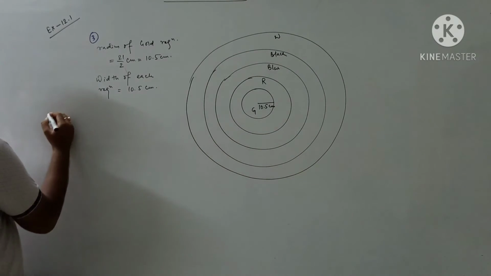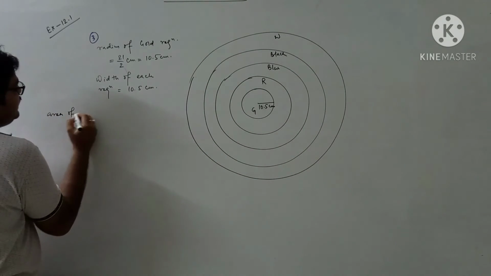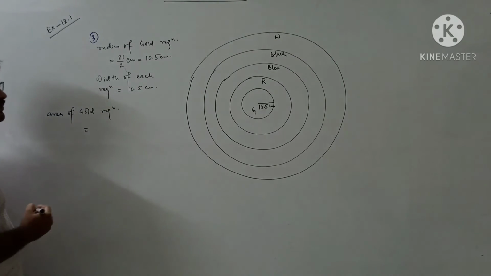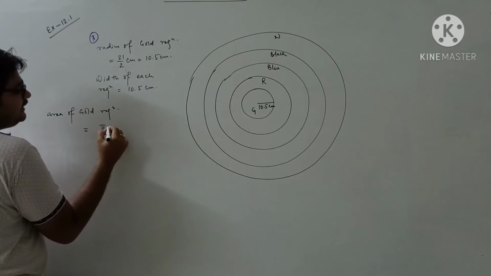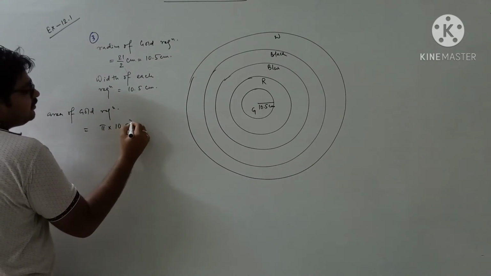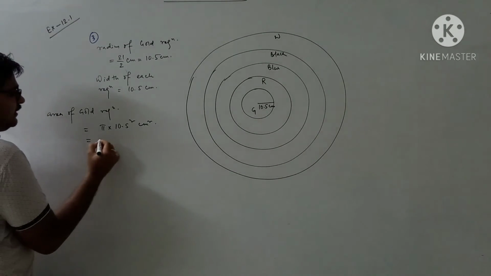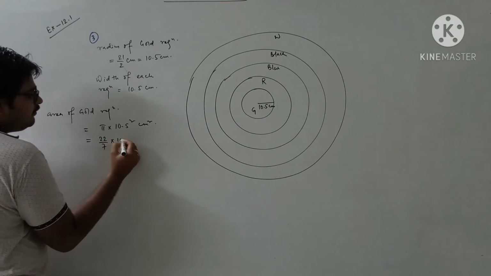So first of all, we find out the area of the gold region. Area of gold region equals pi into 10.5 square centimeter square. Pi is 22 by 7, into 10.5 into 10.5.